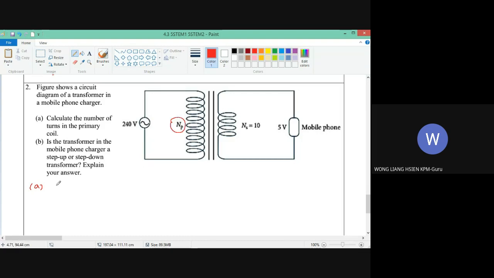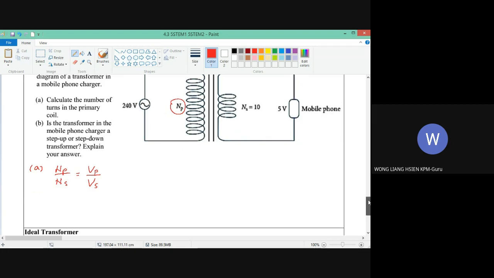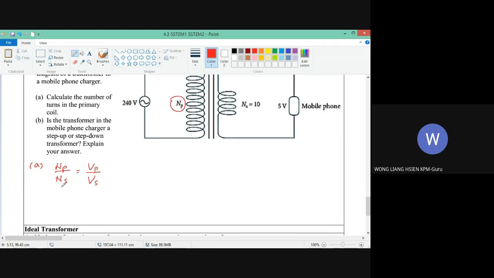So, number of turns in primary over number of turns in secondary equals voltage in primary over voltage in secondary. The number of turns in the primary is the one that we are looking for. Number of turns in secondary is 10. Voltage primary 240. Voltage secondary is 5 volt, this is the output.